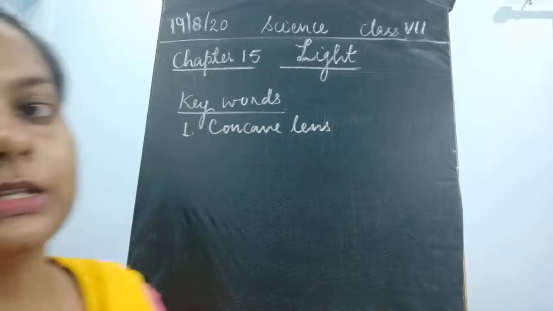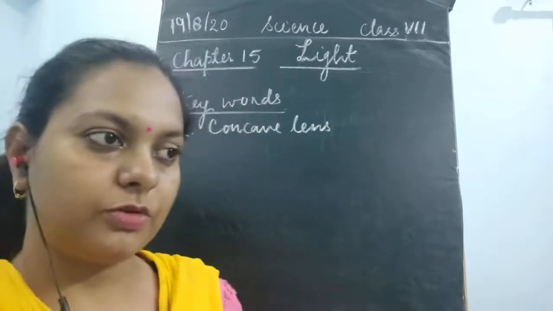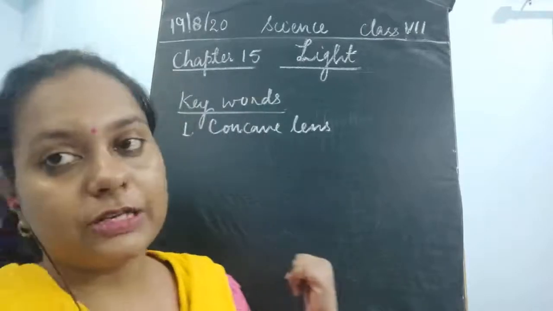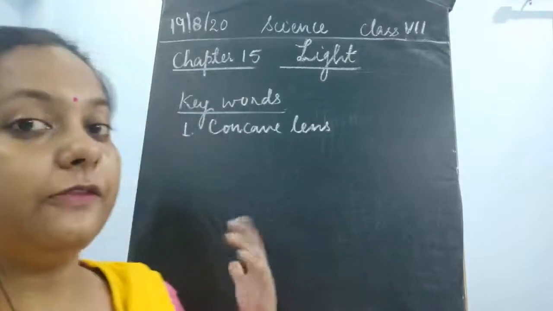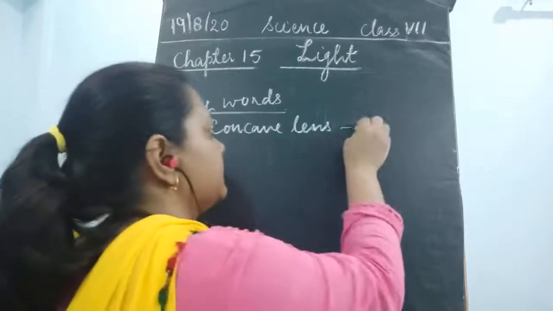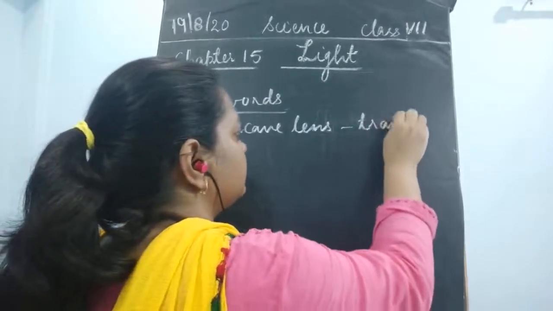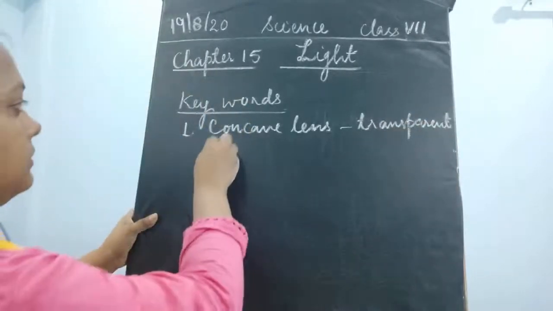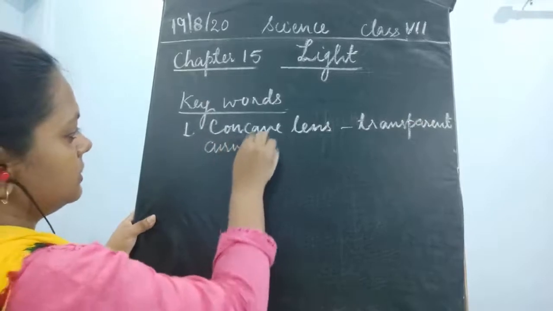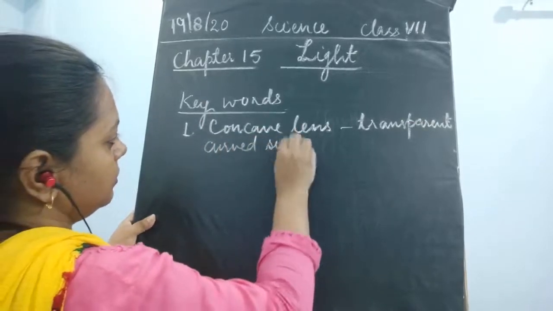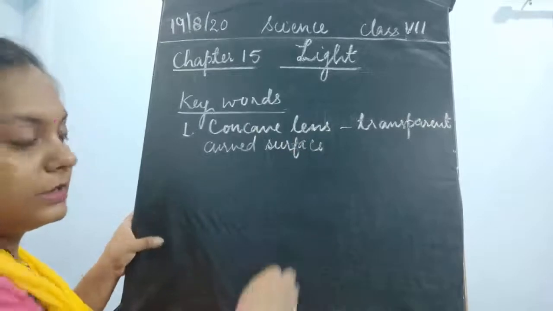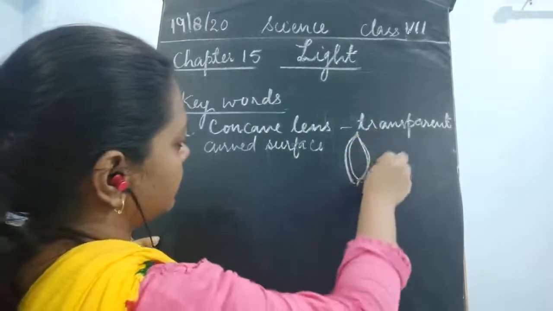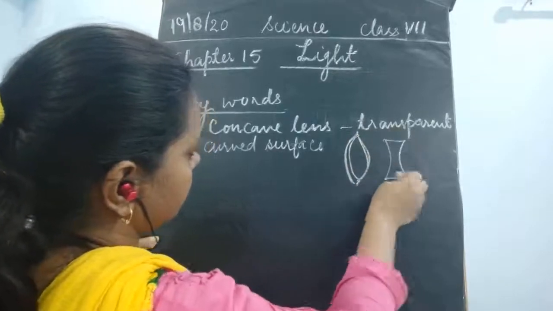As we talked about just now, lenses are not actually a reflecting surface, it is a refracting surface, which is transparent. This is a transparent curved surface, and you need to draw the diagram. You could draw the diagram of the convex as well as the concave lens.